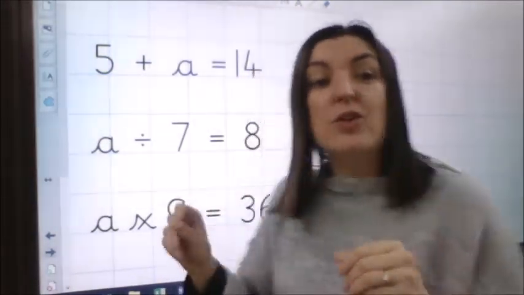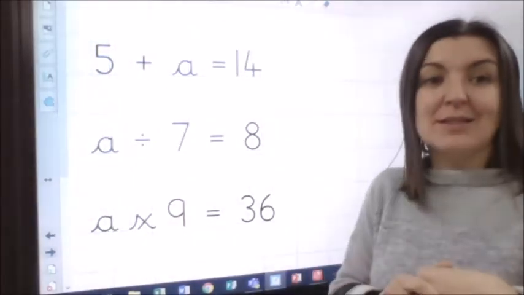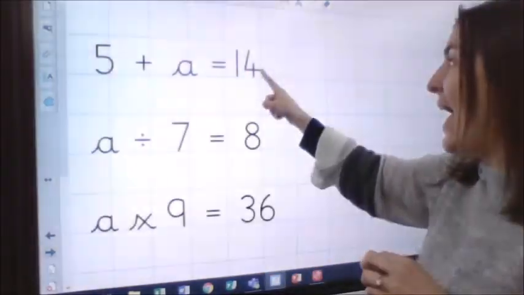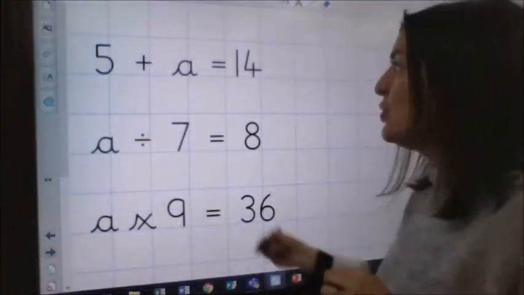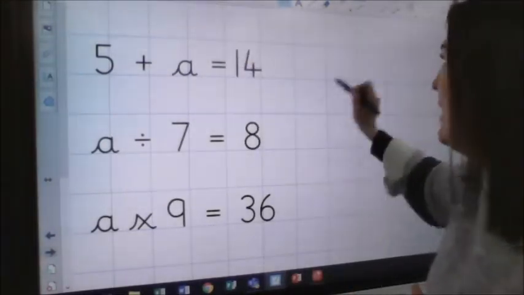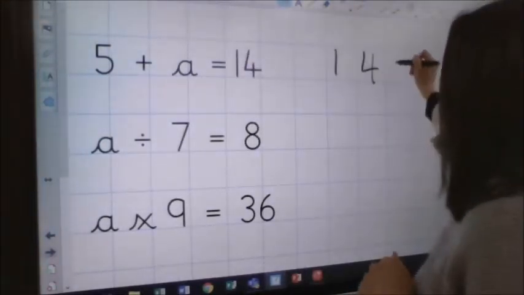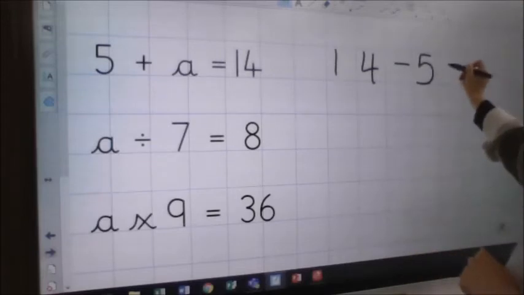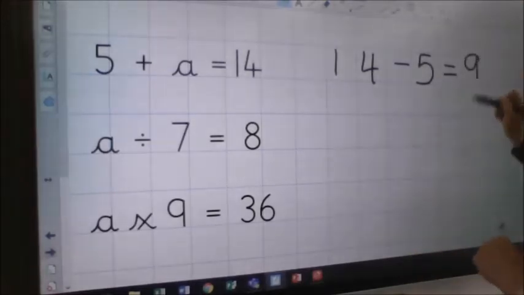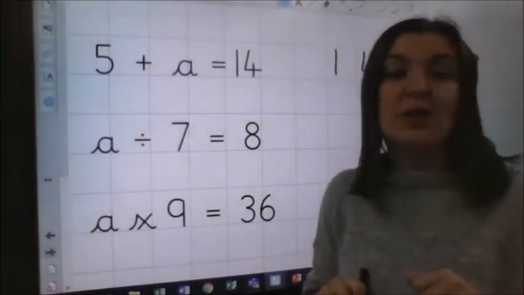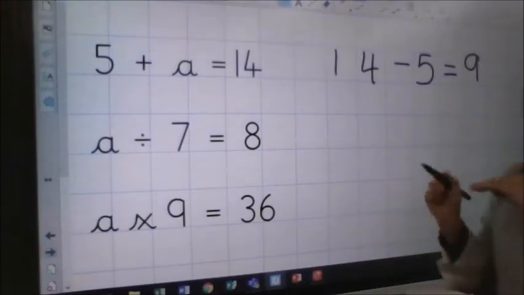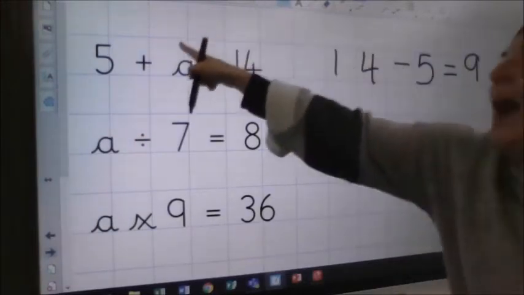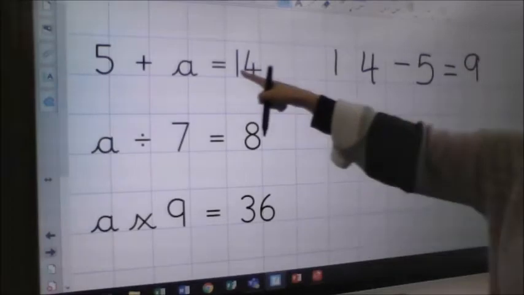So you've got to find the number that should go where A is. So 5 plus A is 14. So to work out what A would be, I would do 14 take away 5, and that would be 9. Okay, so I'd use the inverse. I'd use the opposite of add, which is take away, to work out that number.